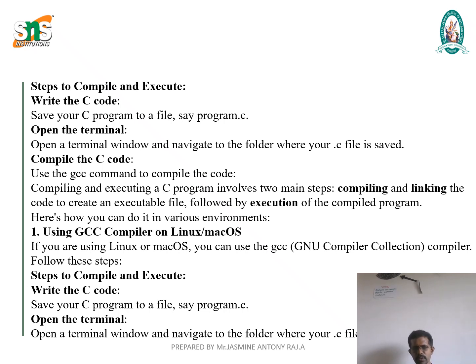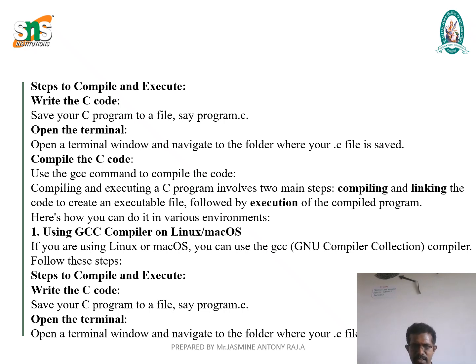Compiling and executing a C program involves two main steps. First one, compiling, and second one, linking the code to create an executable file. After the compilation process, the linking process takes place, followed by the execution of the compiled program. Compiling means checking the errors of the particular program.